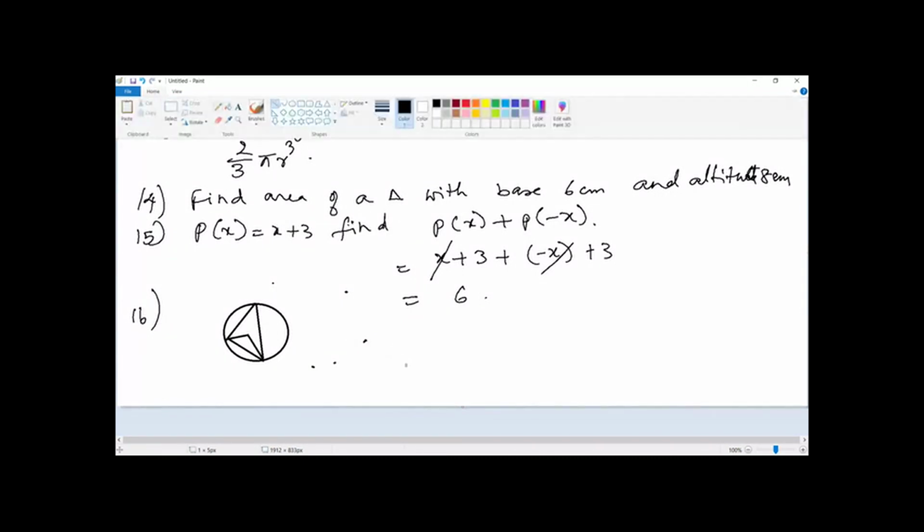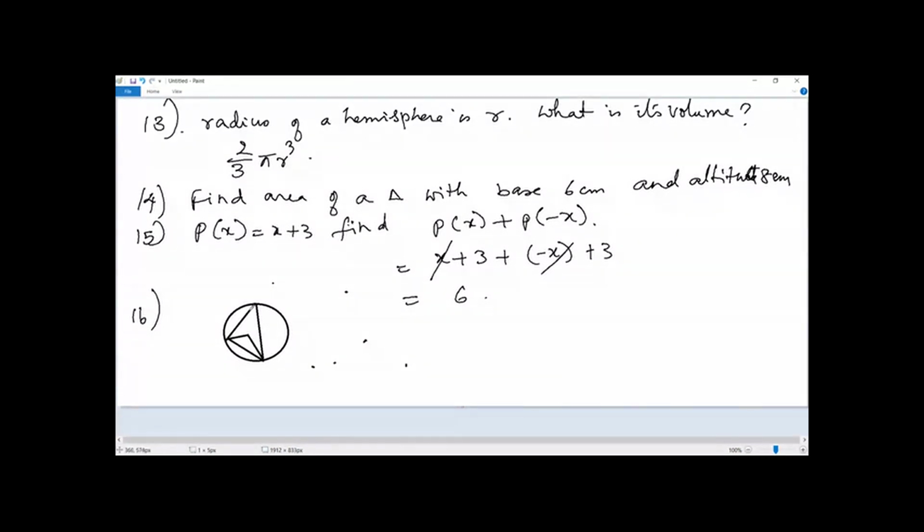And this angle is 40. You have to find this angle, x. You have to find angle x. This is the center. This is C, this is A, this is B.